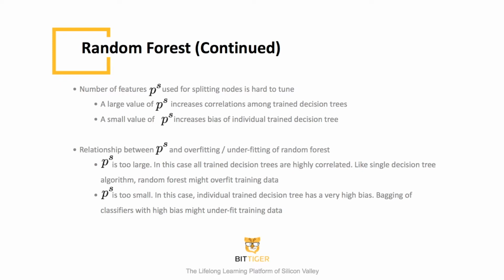If p_s is too large, all trained decision trees are highly correlated. Like a single decision tree without bagging, random forest might overfit training data. However, if p_s is too small, an individual trained decision tree has a very high bias. Bagging of classifiers with high bias might still underfit training data.